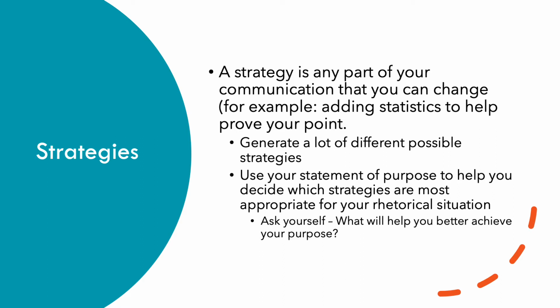One thing to ask yourself is what will help you better achieve your purpose. For example, if I was writing a persuasive piece persuading a school to adopt school uniforms, one strategy would be to look at facts and statistics of how effective those schools would be and include that in there.